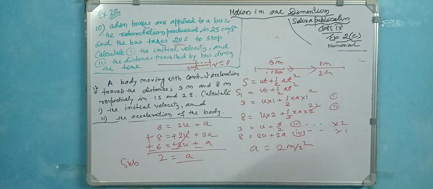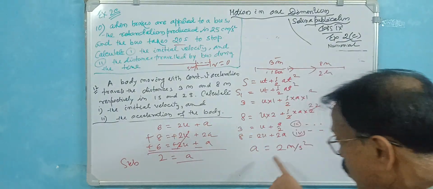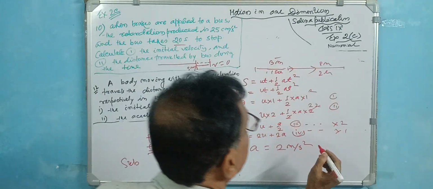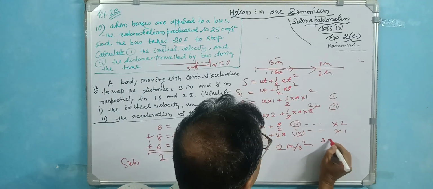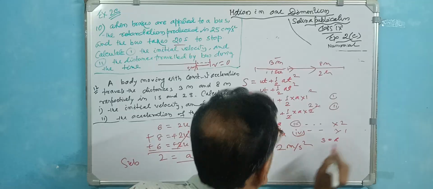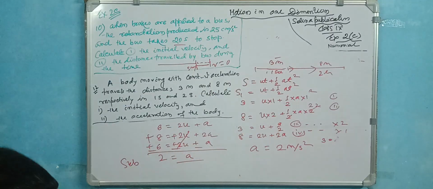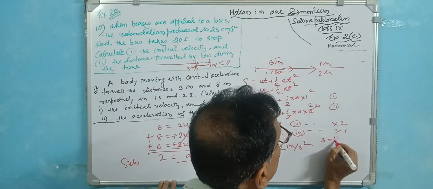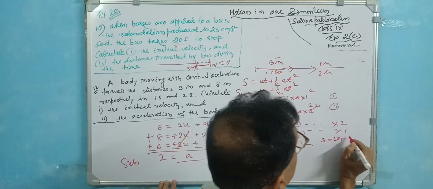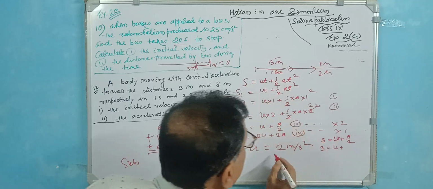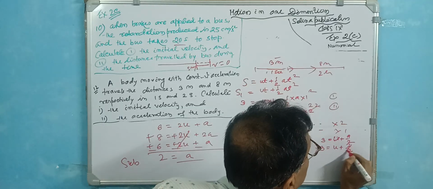Very interesting. So this is actually the elimination process. When the acceleration is found, you just put the value in any equation. So 3 is equal to u plus a by 2. So 3 is equal to u plus, you know the value is 2, 2 by 2, that is ultimately 1.